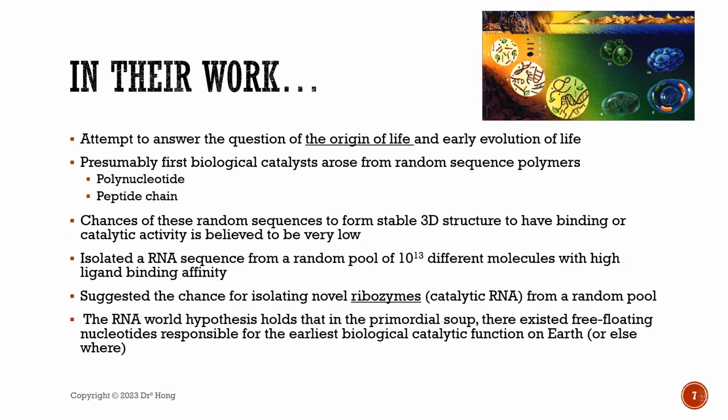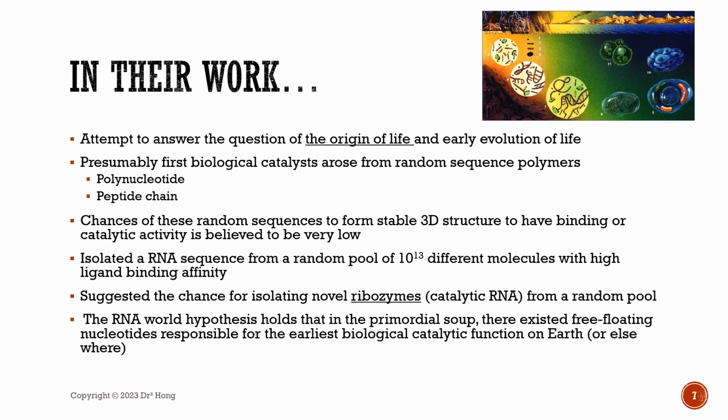So how does in vitro selection of an RNA molecule relate to the origins of life? Now, the question of the origin and early evolution of life has fascinated scientists for centuries.